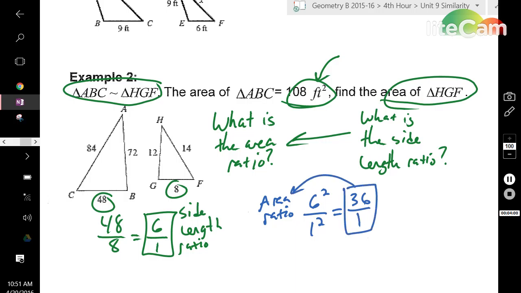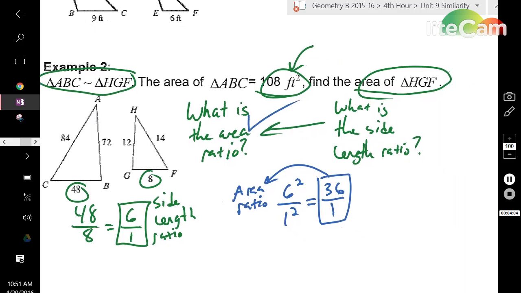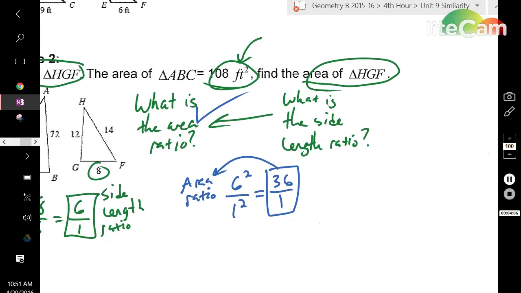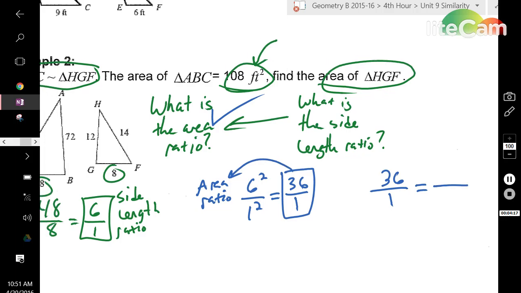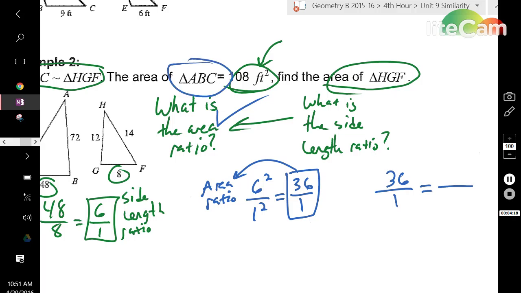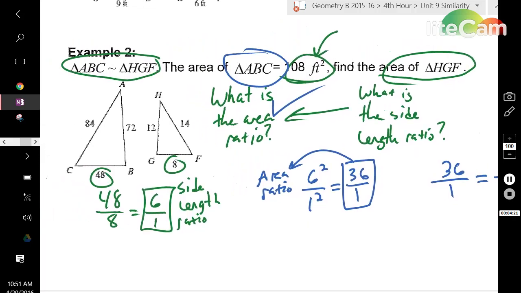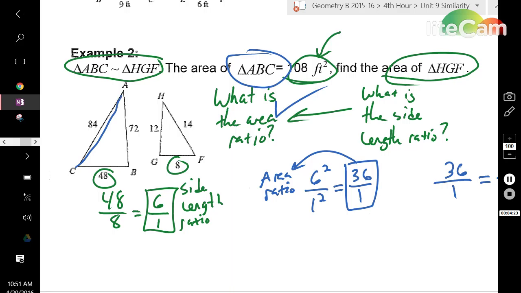Now that I have my area ratio, I can find an area that's missing within an area proportion. So put this 36 over 1 into your proportion, and on the other side you have two factors. You got 108 and you have the missing area, which we're going to call x. 108 is triangle ABC. It's very important you put this in the correct spot. ABC is the larger triangle.